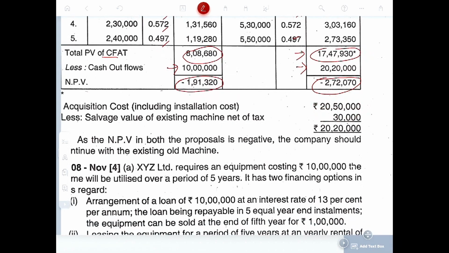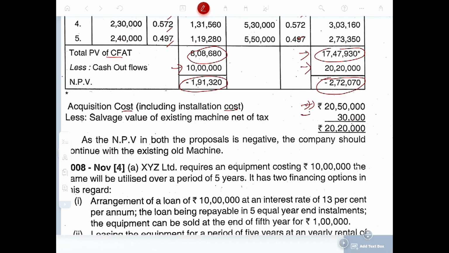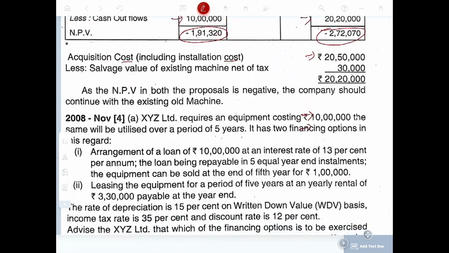The acquisition cost including installation cost is 20 lakhs, salvage value is 30,000, 2,20,000, and the net present value is negative. The company should continue with the existing old machine and not sell it.